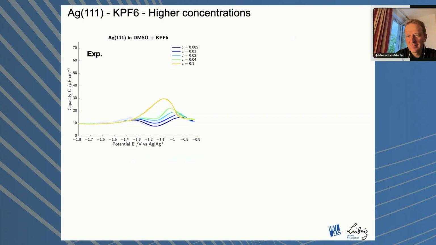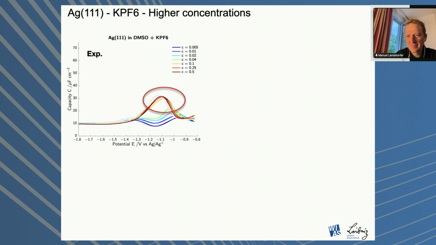Another thing you can learn from capacity measurements is, surprisingly, which I hopefully can convince you of on the next few slides. For this, we consider higher concentration. You see here the capacity curves of DMSO, where the concentration is increased from 0.005 towards 0.1 mole. And if we put more salt in, then basically nothing happens anymore.